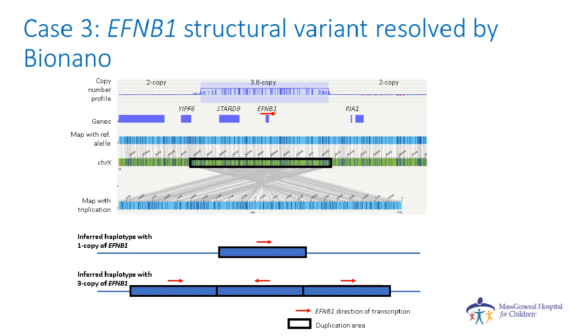And if we look in more molecular detail, what we noticed was that this is not only a tandem triplication, but that one of the repeats inside this triplication is inverted. This is really something that we needed the Bionano technology in order to identify at this level of structural detail.